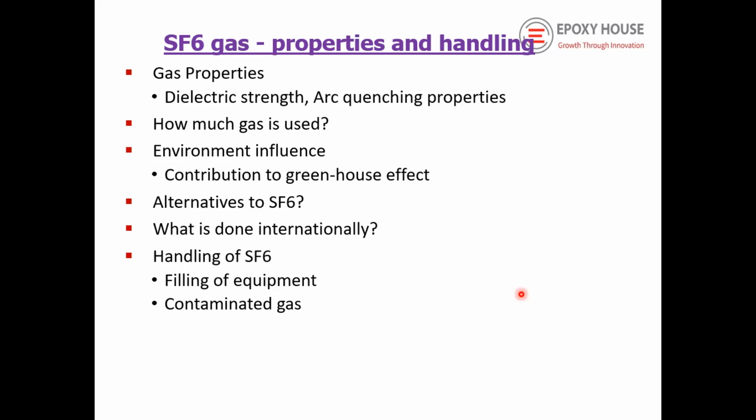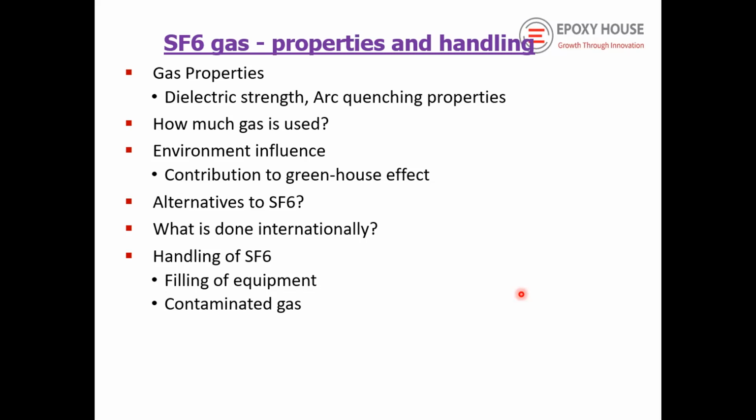It's not toxic, and it does not react with anything else. It's a very stable gas, but its byproducts are not good. The lifetime of this gas is about 3,200 years. The stability of this gas is very high, and because of that its greenhouse effect is very high, almost 2,300 to 2,400 times worse than carbon dioxide.